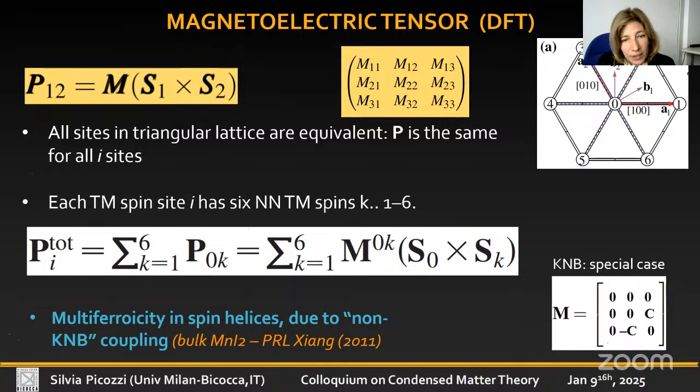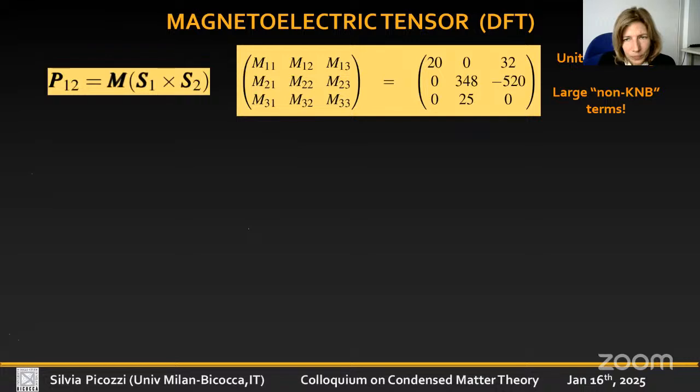We did that for NiI2, and the situation was pretty different from a simple KNB model. If you sum the contributions coming from all your spins in a skyrmion or helix or whatever spin texture you find, one can have polarization.